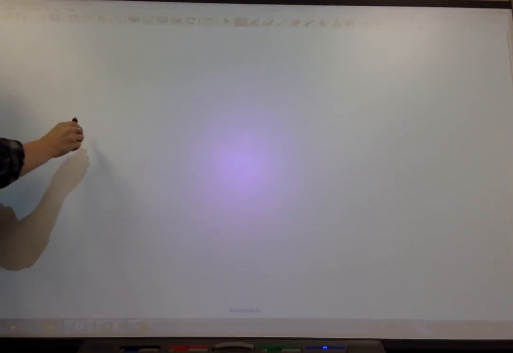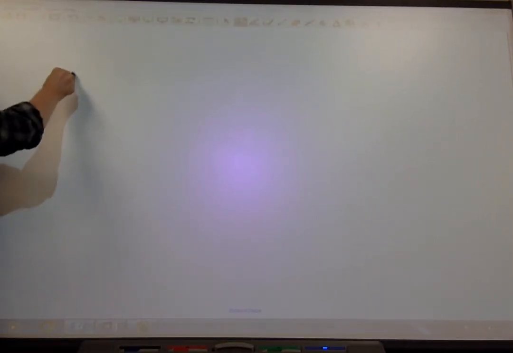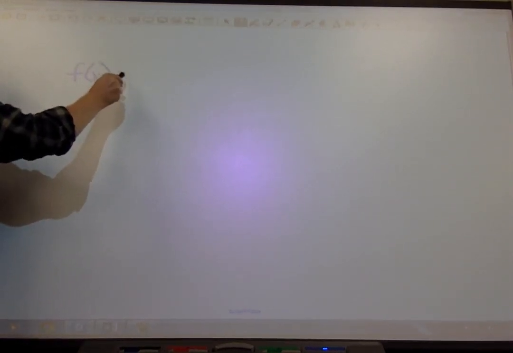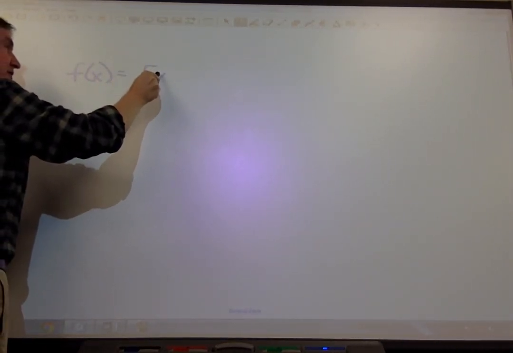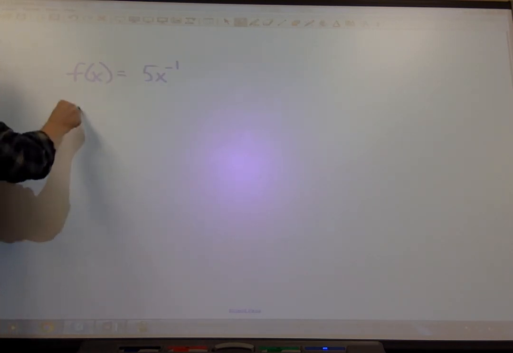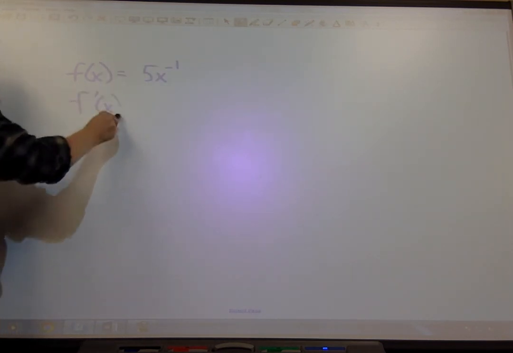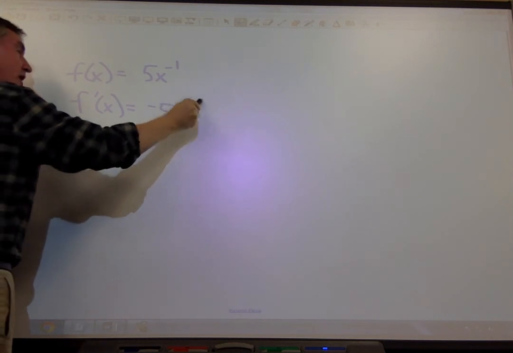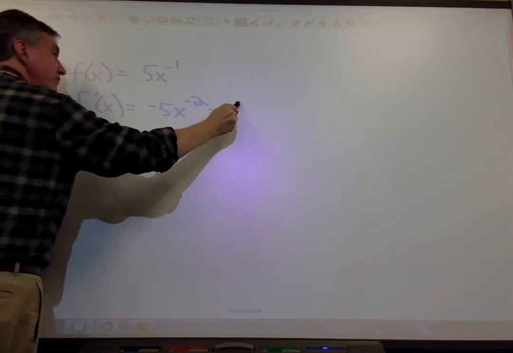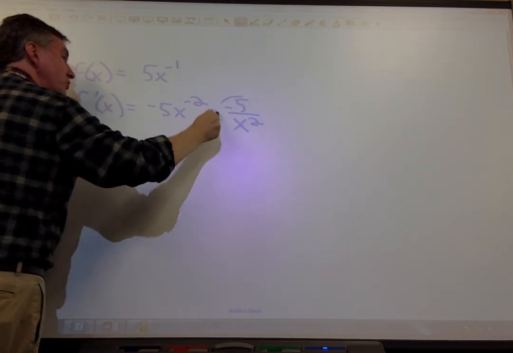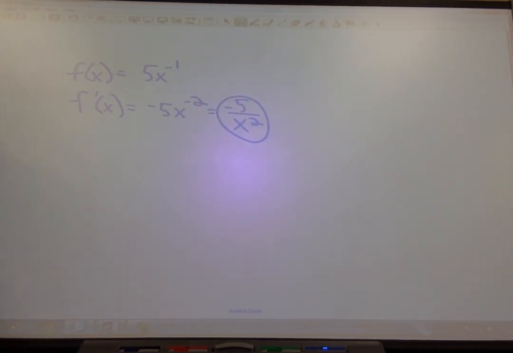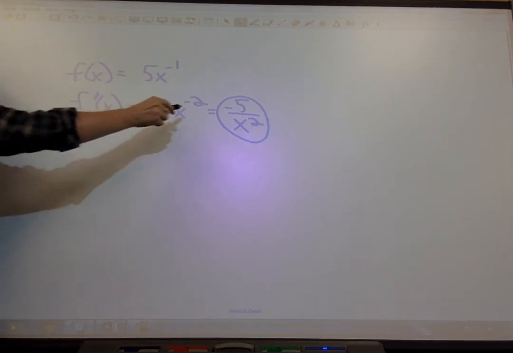I might want to say one thing before the quiz. This one always bothers people. If I gave you f of x equals 5x to the negative 1, what is f prime of x? How would be a good way to write that answer? Negative 5 plus. What if on the quiz the last question says, where is that differentiable? Where is this function differentiable? What would that mean? If I ask you where this is differentiable, that just means where does this exist?